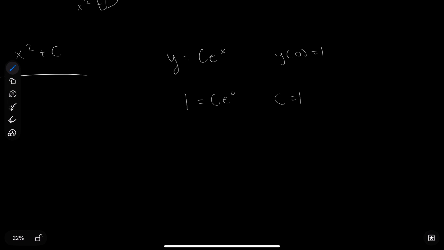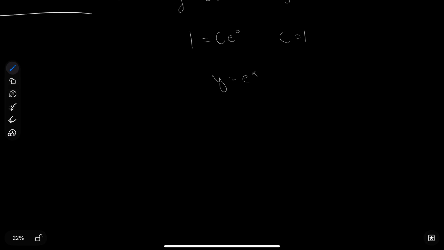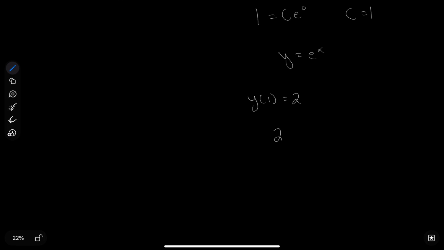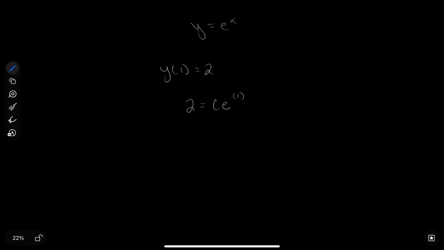So we just have c equals 1, and we get y equals e to the x. Now, suppose we wanted the condition y of 1 equals 2. Again, plug in 2 for y equals c times e to the 1. So we would have c equals 2 over e. And then our solution is y equals 2 over e times e to the x. Or, if you want to write it nicer, 2e to the x minus 1. Great.